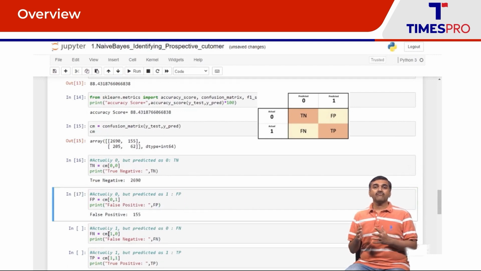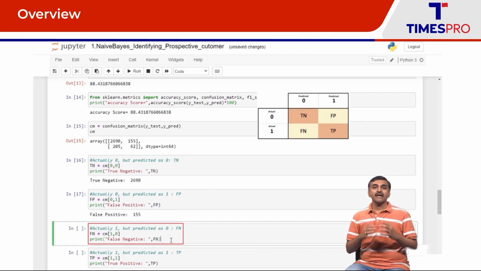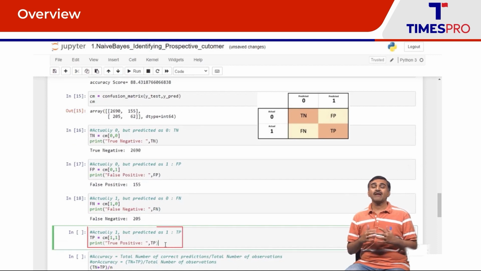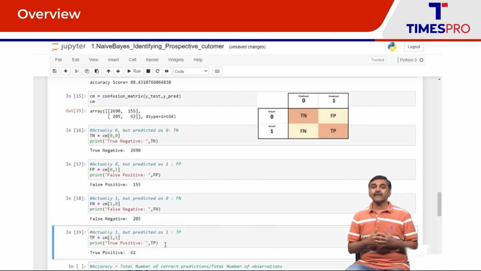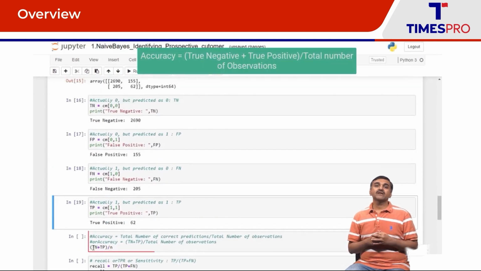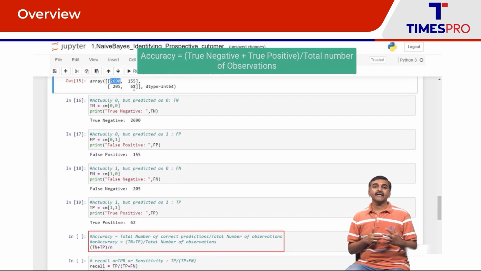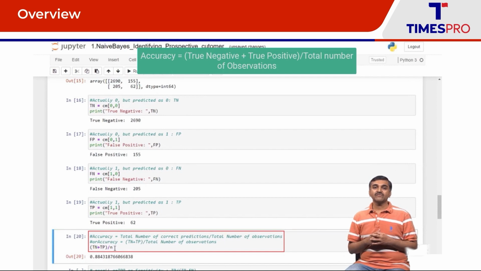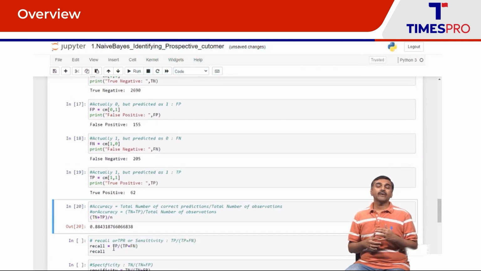Then CM[1,0], the second row, first column, gives me the false negative values. And the second row, second column, CM[1,1], gives me the true positive value. Accuracy can also be computed by summing the true negatives and the true positives divided by the total number of observations. Again, we get a value of 0.88.